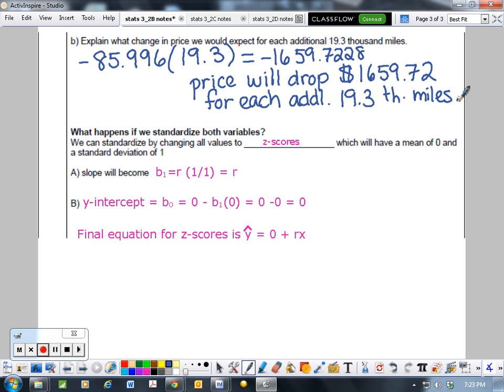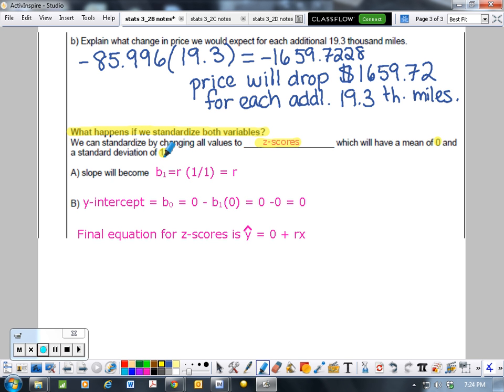Okay, so let's talk about, because they're always thinking what ifs, what's going to happen, analyze what's happening here. What happens if we take our variables and we standardize them? To standardize, we change to z-scores, which have a mean of 0 and a standard deviation of 1.